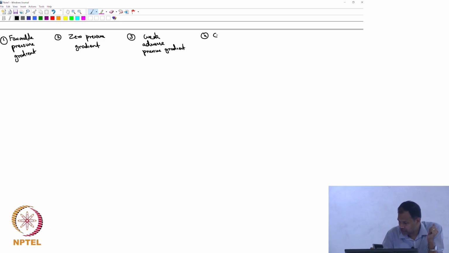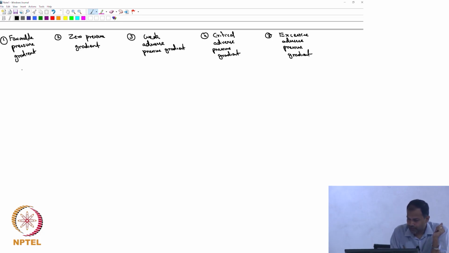Fourth, critical pressure gradient. So I didn't put all the names, I think, yesterday. Five, excessive adverse pressure gradient.